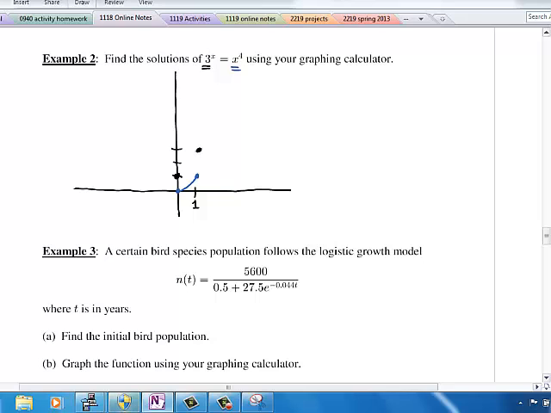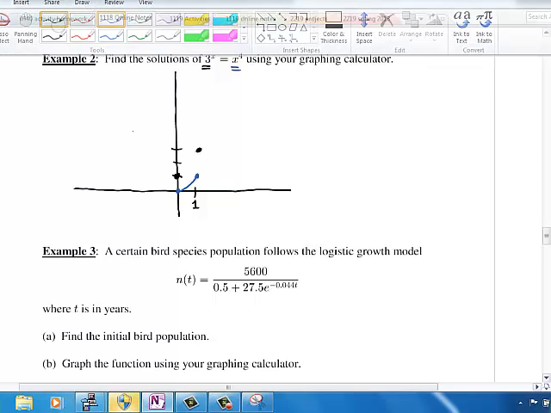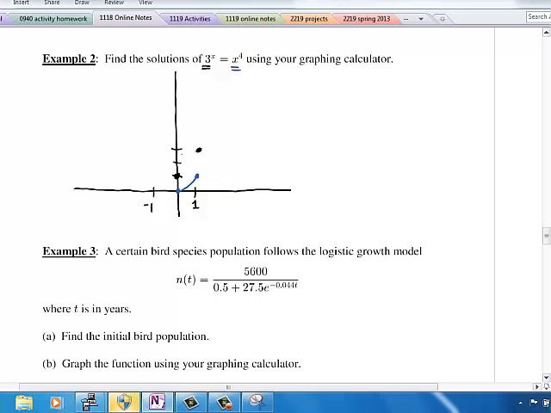When x is negative 1, now 3 to the x is at a third, and x to the 4th is at positive 1. And as we go left, we know x to the 4th is going to get larger and larger, but 3 to the x is going to get closer and closer to the x-axis. So we know what that side's going to look like.